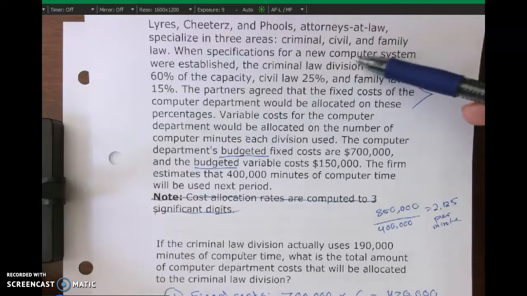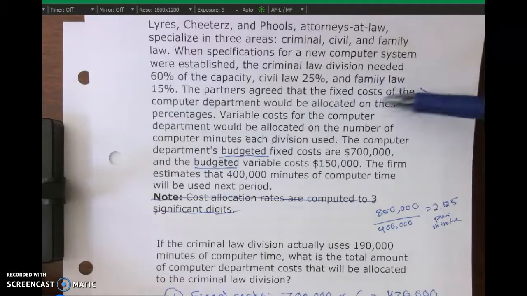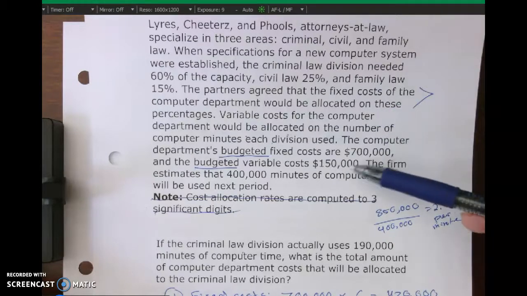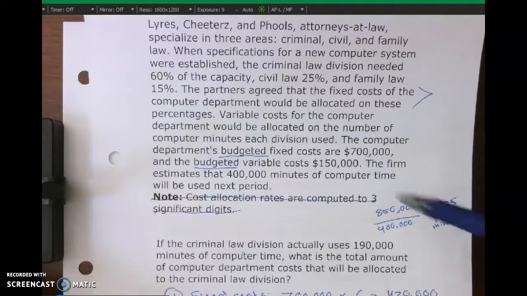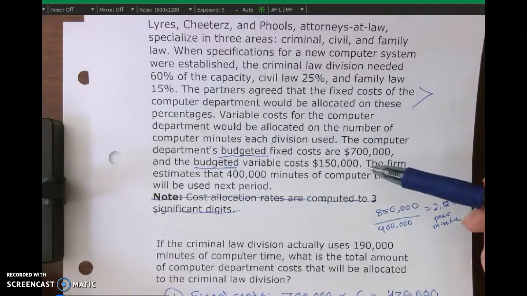So in this case, what happens is the computer system manager has a budget. You can see it's $850,000. If they actually have actual costs of $900,000, then they're going to have a negative budget variance at the end of the year. And we're going to hold them accountable for that to say, why did you go over budget?